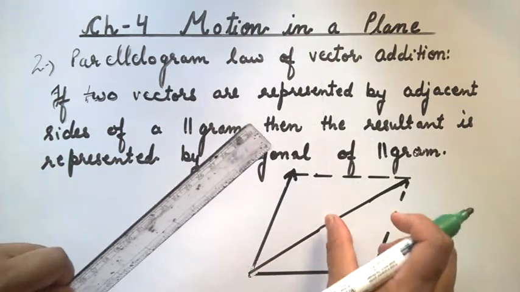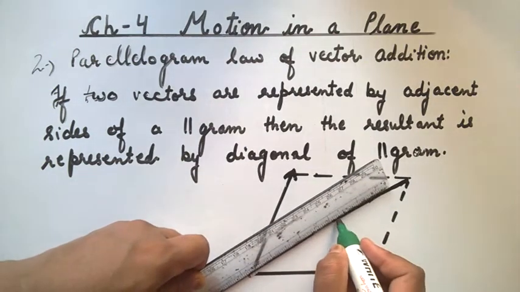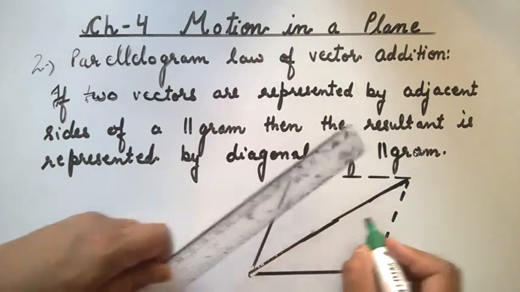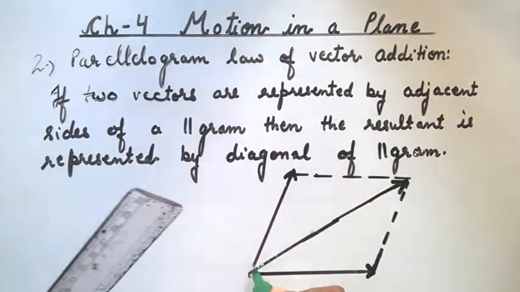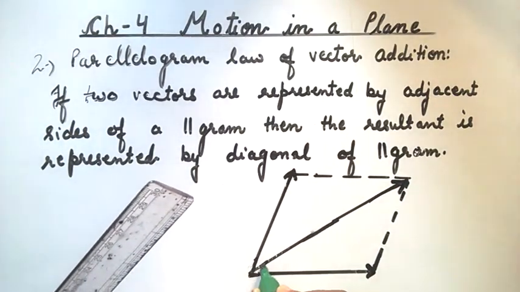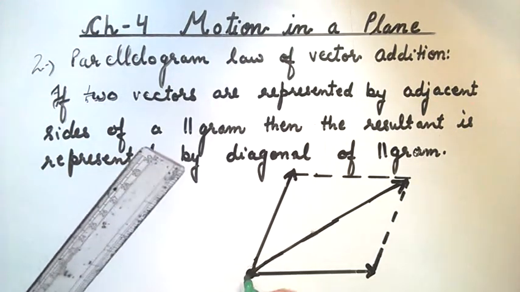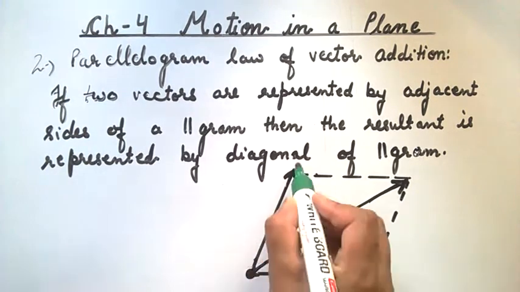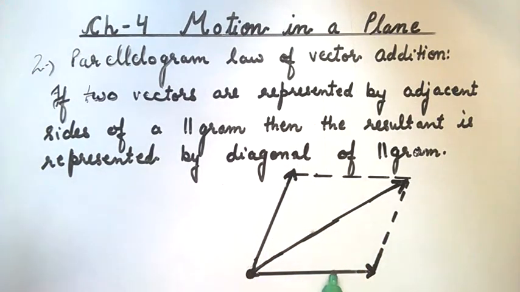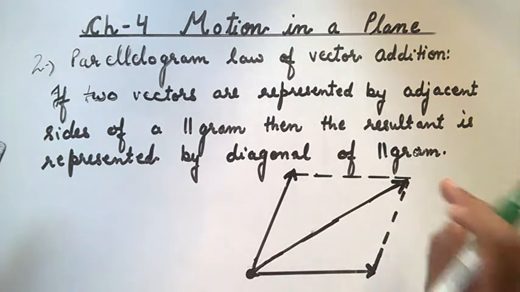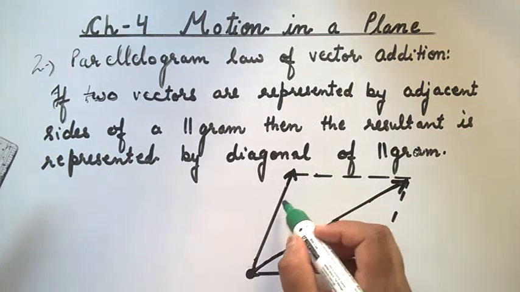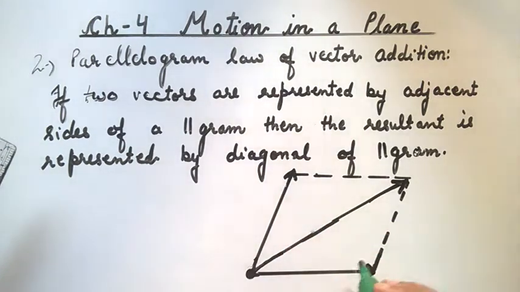Then the resultant is given as the diagonal of it. For example, if two forces are acting on the same point, then the body or the object will not move in the direction where the force is applied. It will move in the direction of the diagonal. And that is the resultant of the two forces.